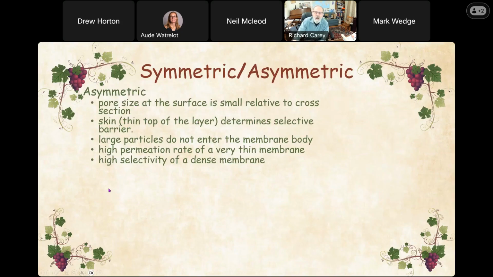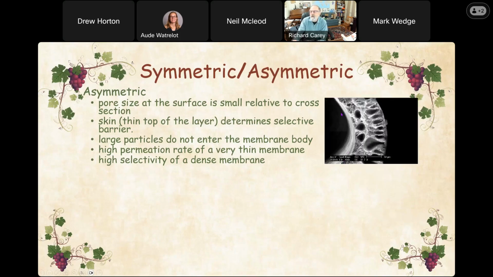It gives a fairly high, sometimes higher rate of permeation through that thin membrane, and gives you a great deal of selectivity. This is what a crossflow membrane looks like in its tubular form, where you've got this thin membrane. And you can see that it is asymmetric because these are the pores where, once it gets past this barrier, it flies out the other side.